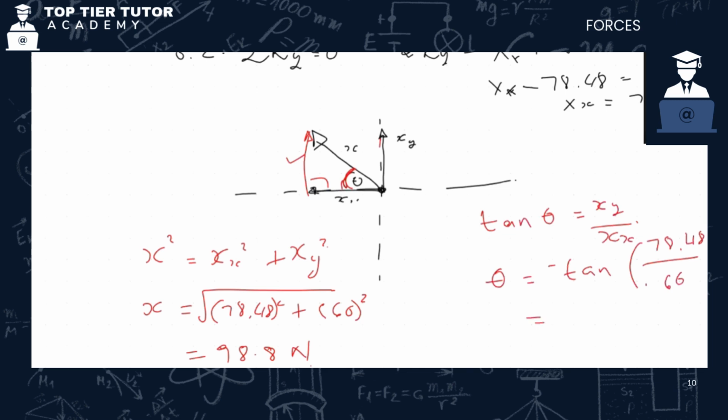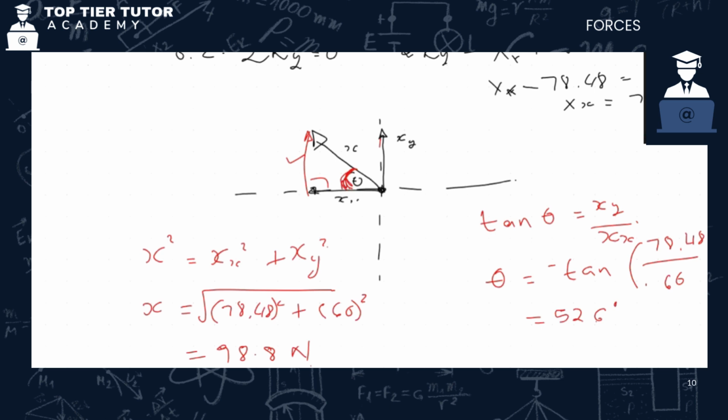Putting that in the calculator, 78.48 divided by 60, gives us an angle of 52.6 degrees, but this is 52.6 degrees with the left, the negative x-axis.